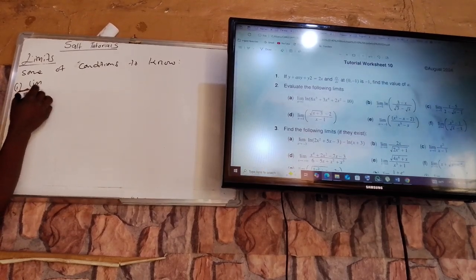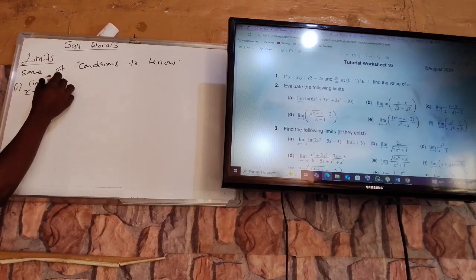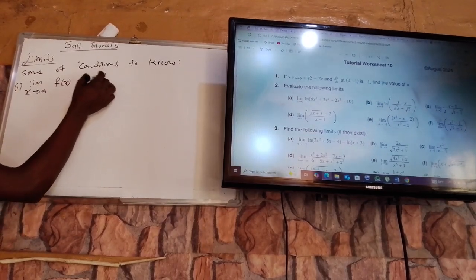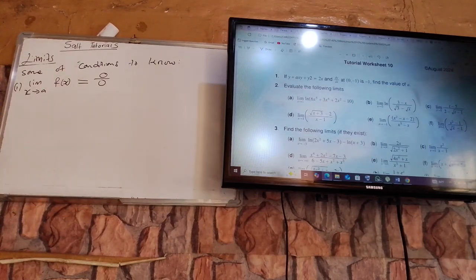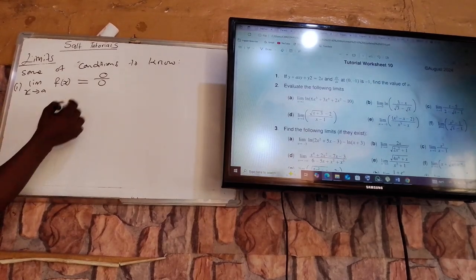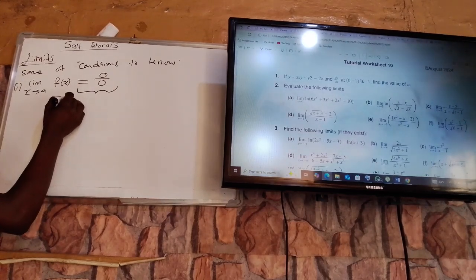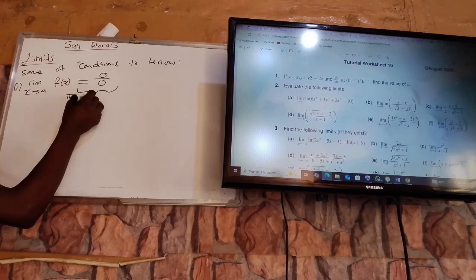So some of the conditions you have to understand is that number one, if you are looking for the limit as x approaches a of f of x, and that limit is equal to 0 over 0, then we are simply saying that this should not be your solution.